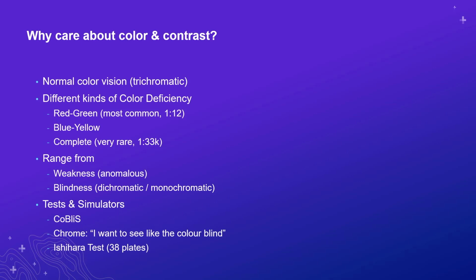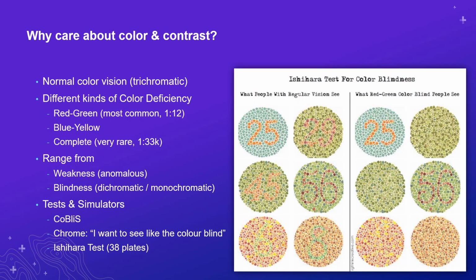But there's also a set of pseudo isochromatic plates that Dr. Ishihara has created. And whenever I did research for this talk online, I came across those articles, and they gave those examples like Ishihara test for color blindness: on the left hand side, what people with regular vision see, on the right hand side, what red green color blind people see. And I always thought to myself, like, what do you mean? They're the same.